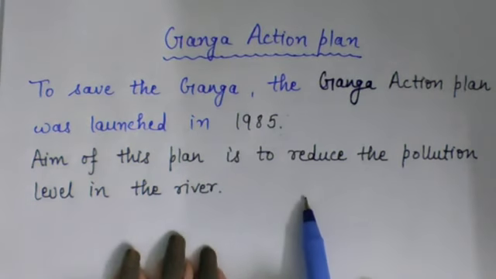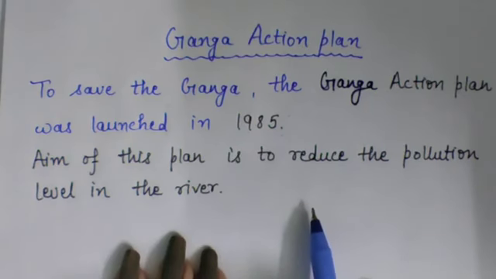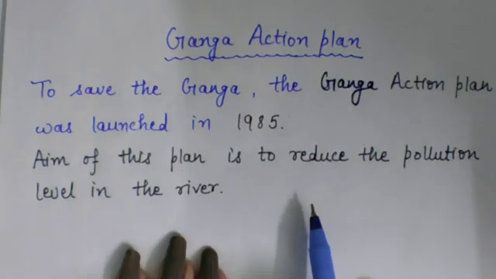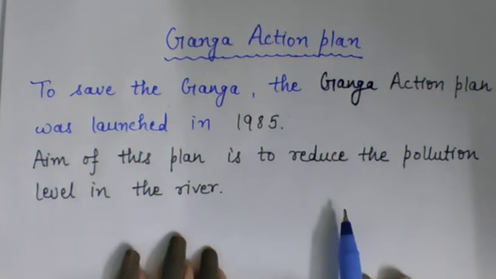That's why we all should come forward and participate in cleaning the Ganga and help the government in cleaning the river. And there are many other rivers which are polluted due to human activities, like the Yamuna, which is another polluted river. So we should not throw garbage or waste into the river water because it pollutes the river water.